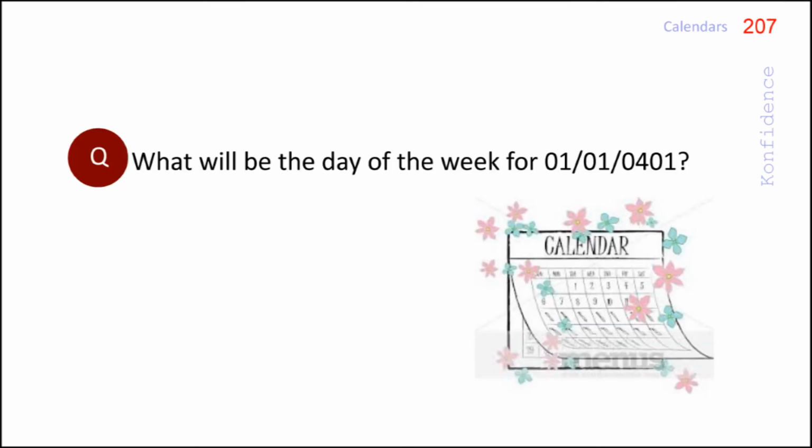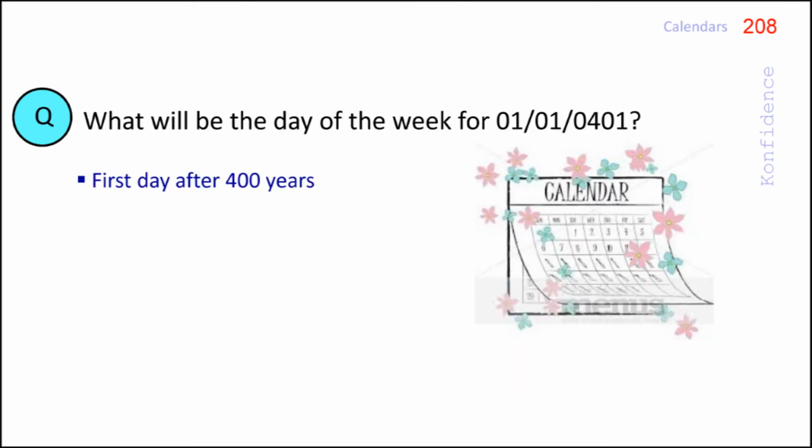So, what will be the day of the week for the 1st of January 0401, or 1st of January of year 401? It is the first day after a block of 400 years. We know that a block of 400 years will have 0 odd days.